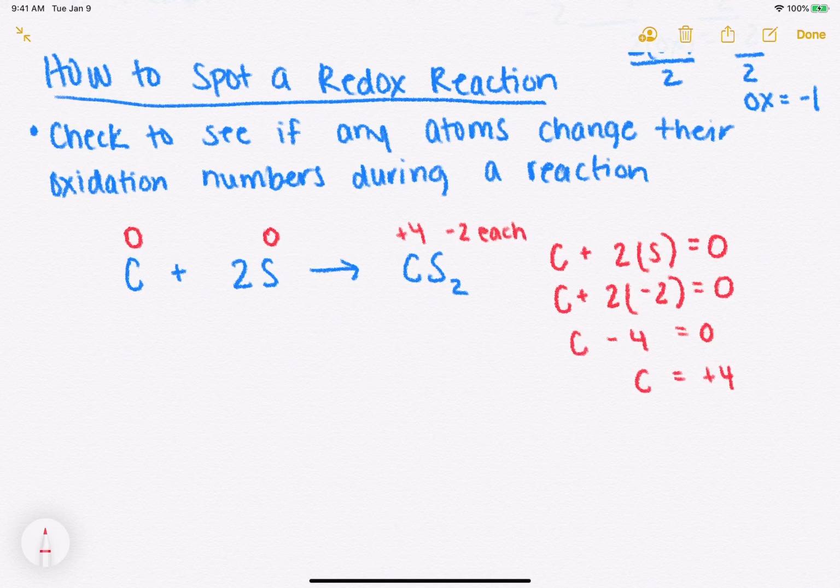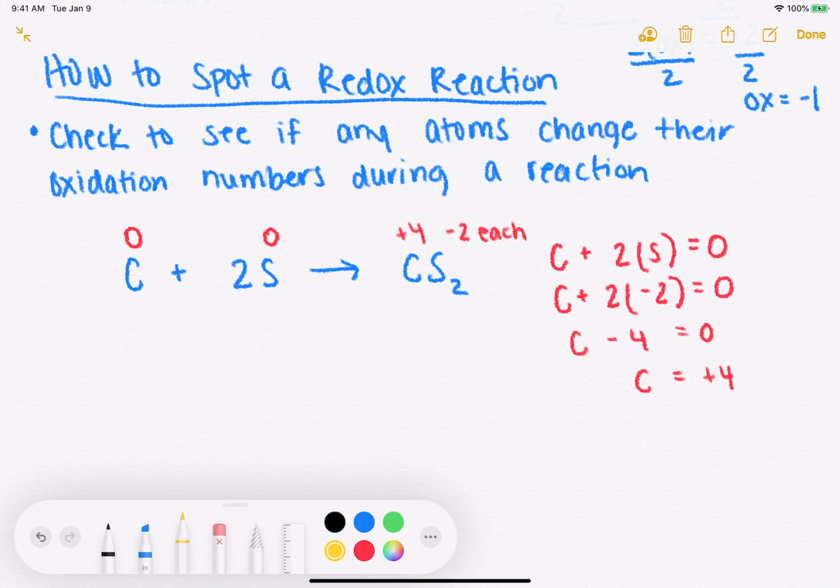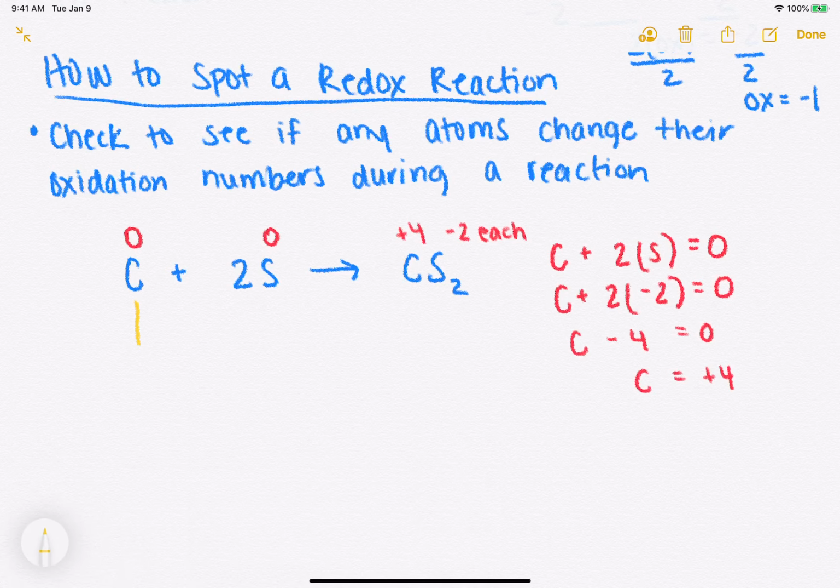So, did these atoms change their oxidation states? Why, yes, they did. Carbon changed its oxidation state from 0 to 4. So because it went from 0 to 4, carbon became more positive. Also, if it's more positive, that means it's less negative.